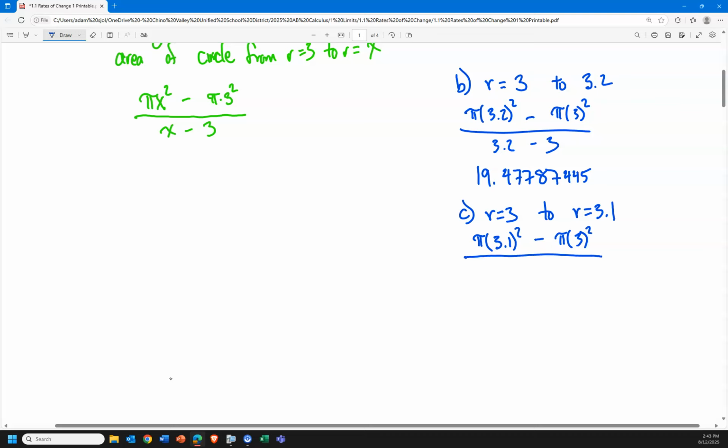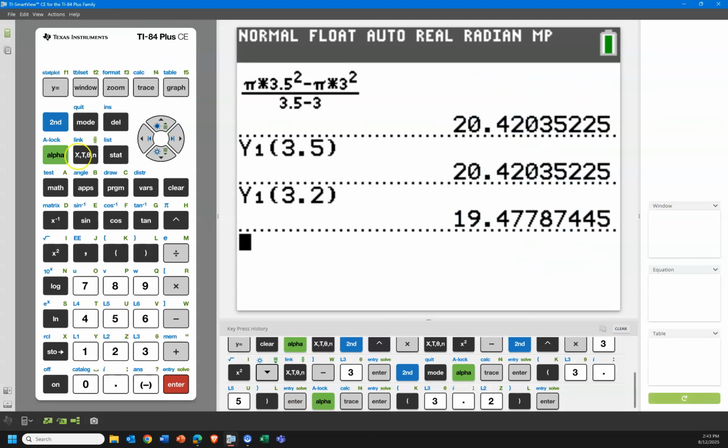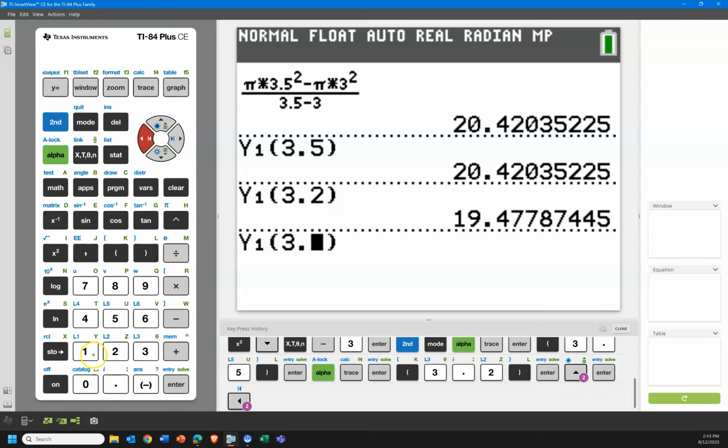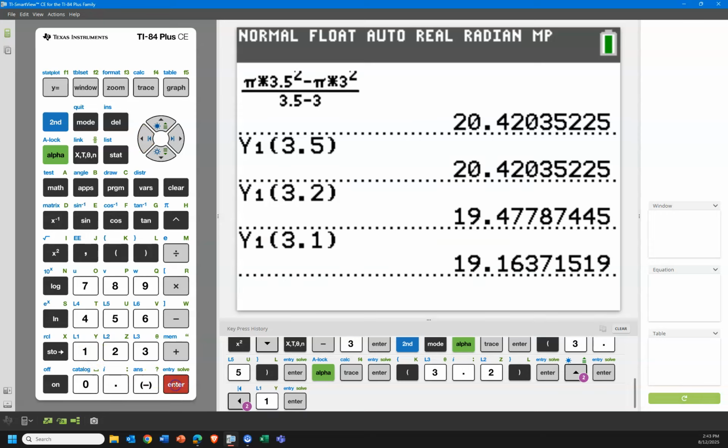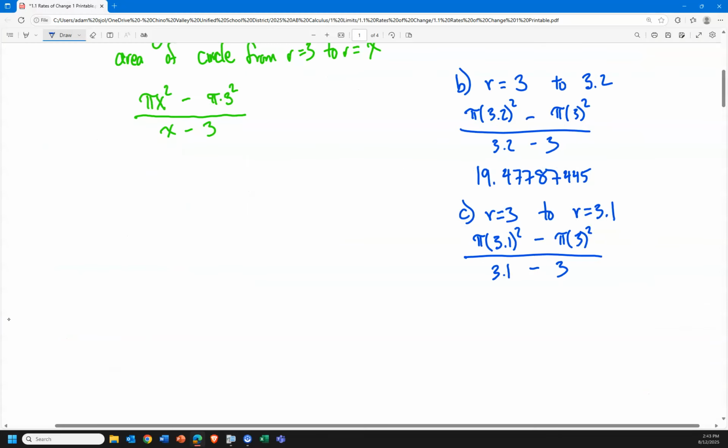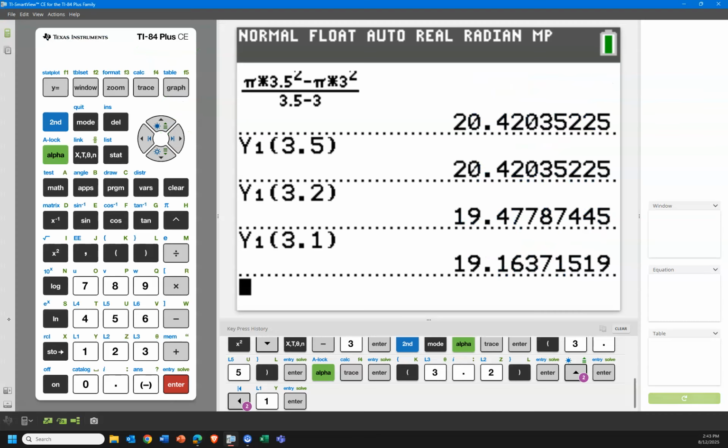So I'll just call y1 and put in 3.1. All right, so again, that's F4. But if you didn't know, we can just highlight, press enter, bring everything down, and I will just overwrite that 3.2, 3.1, press enter, 19.1637. And remember, it was a 1, 519.